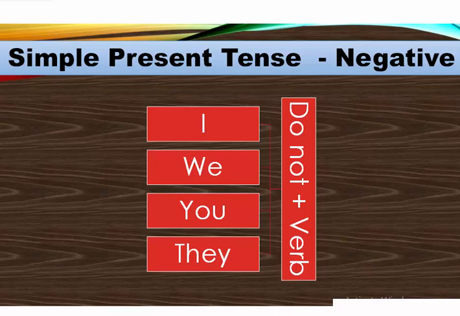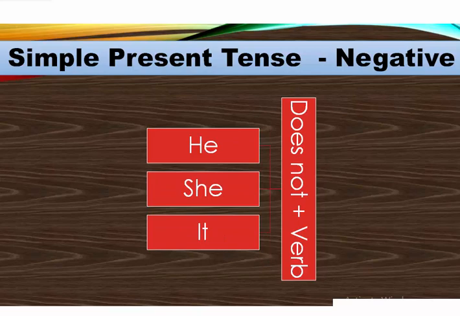If I or we or you or they come, it has to join with do not and the verb. At the same time, if he or she or it comes, it has to join with does not plus verb.